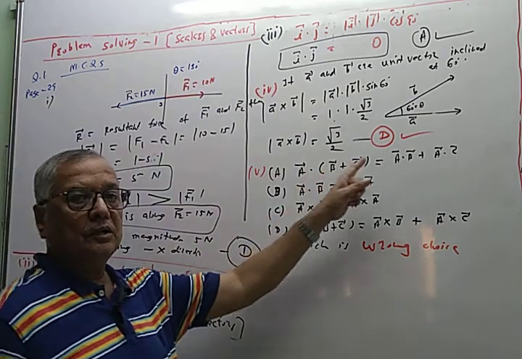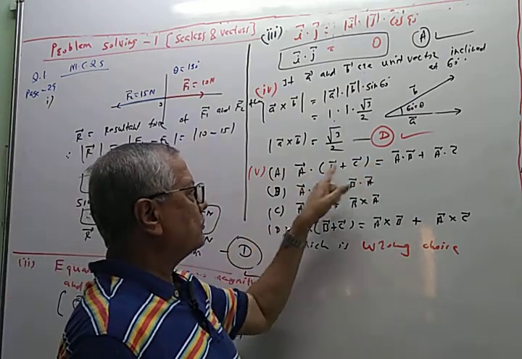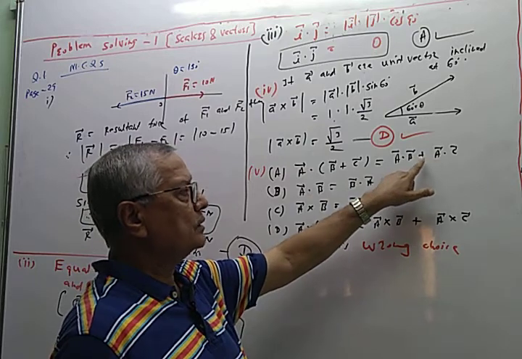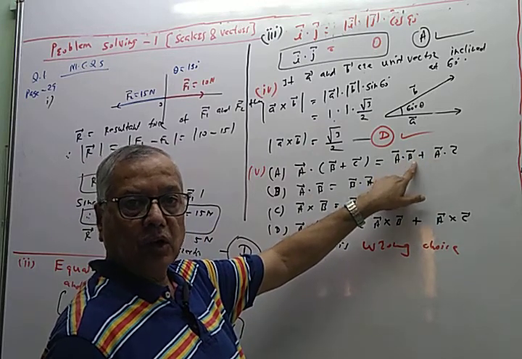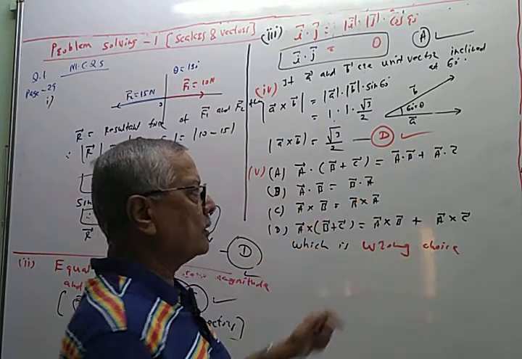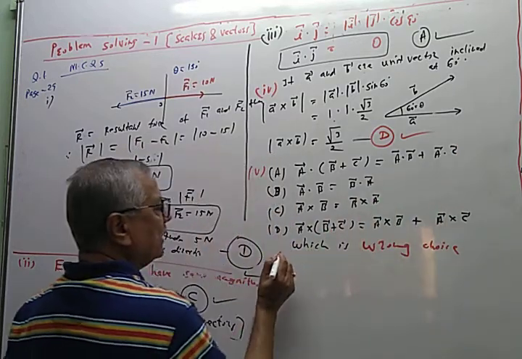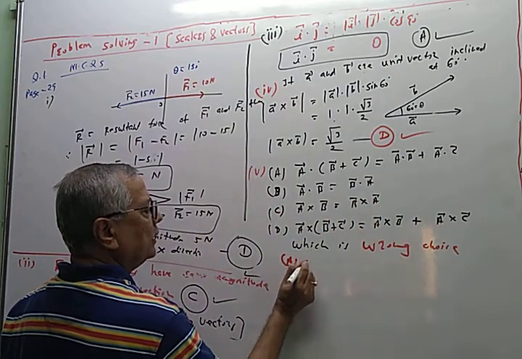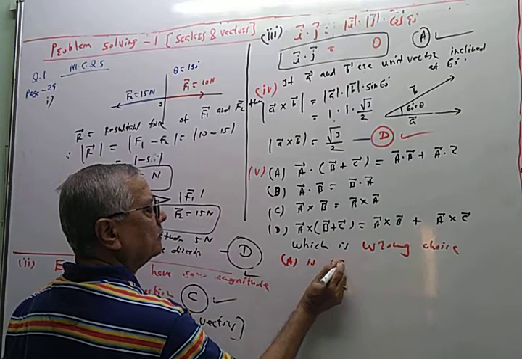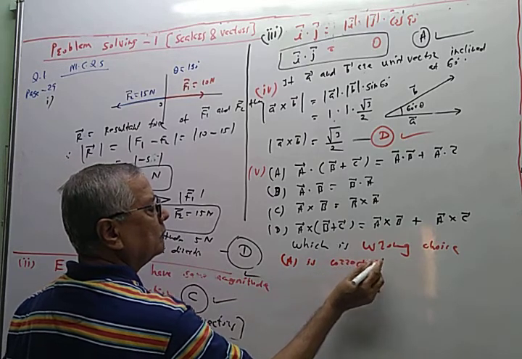So now see, first, A dot (B plus C) is equal to A dot B plus A dot C. This is correct. So I will write down here, A is correct. Why?